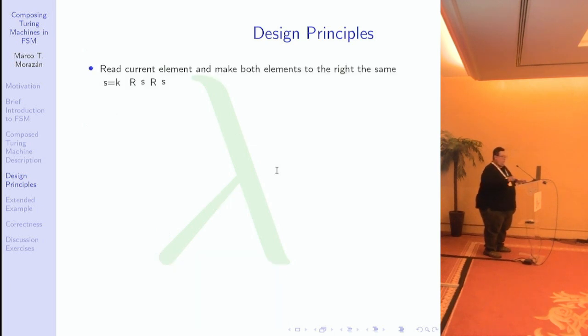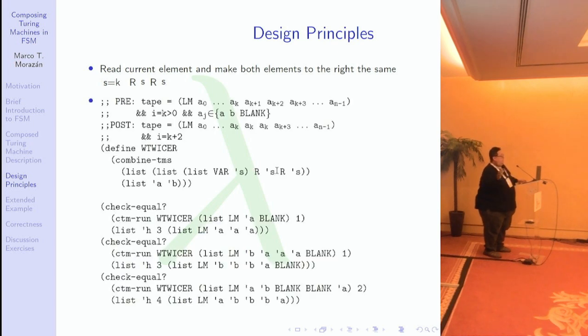Now, how about this example where we're writing the 2 elements to the right to be the same as the element that's currently being read? In this case, we want to declare a variable s that abstracts over what's being read. We move to the right, we write that variable, that value, we move to the right and write that variable again, and the implementation looks exactly like the picture.